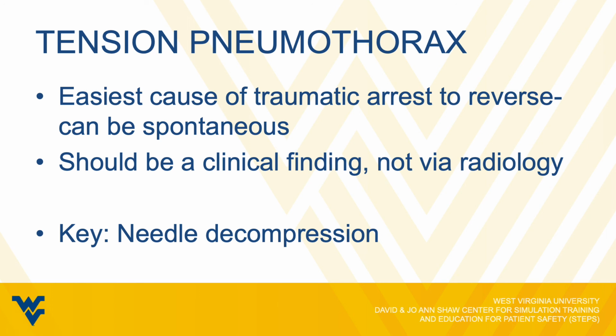Most places now treat traumatic arrest as if they have a tension pneumo and will electively decompress both sides of the chest. This one's a really easy, low-risk procedure that you can perform in traumatic arrest, who have a very, very low survival rate anyway. So needle decompression, follow your institution protocol. Typically, I think we're still doing it between the second and third intercostal space, or just above the third rib.